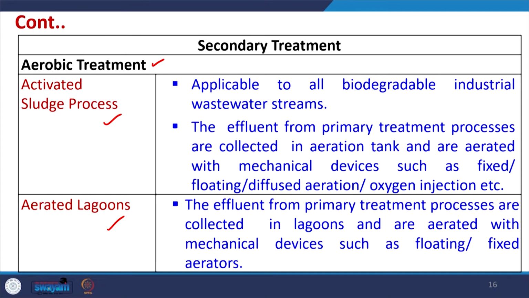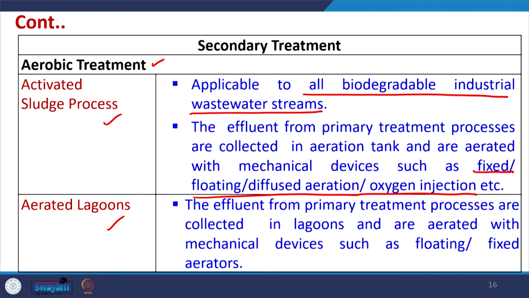The activated sludge process is the most common technique and it is applicable to all biological industrial wastewater streams. The effluent from primary treatment processes is collected in aeration tanks and is aerated with mechanical devices such as fixed floating diffused aeration units or oxygen injection units. So, the concept is similar to the aeration that we have studied earlier.